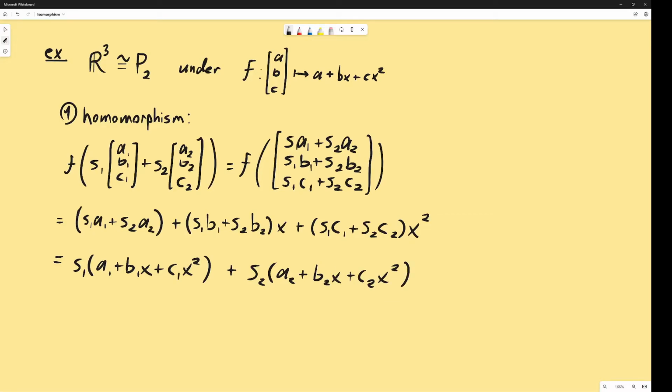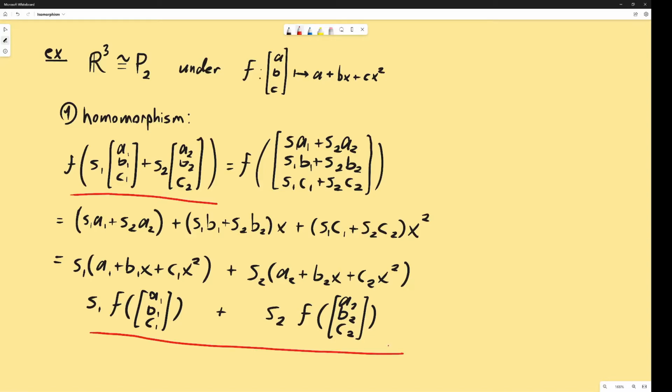But this first polynomial in parentheses is exactly F applied to the vector (a1, b1, c1), and this polynomial in parentheses is exactly F applied to the vector (a2, b2, c2). And so our result is S1 times F applied to the first vector plus S2 times F applied to the second vector. F demonstrates linearity, therefore it is a homomorphism.